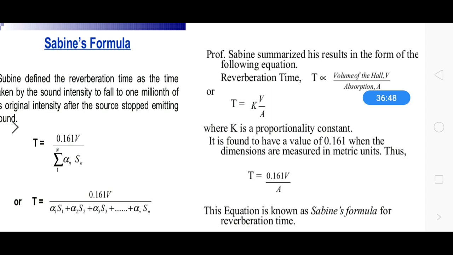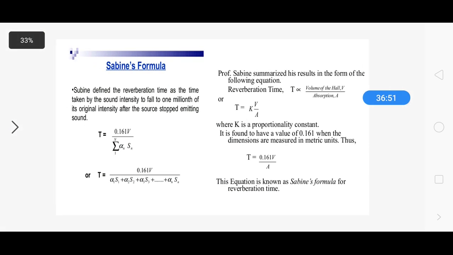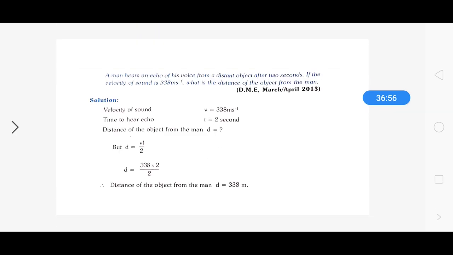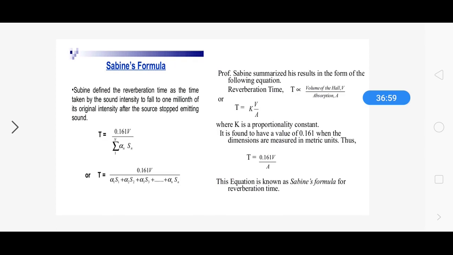So T is equal to K into V by A, where K is the proportionality constant, and this K value is equal to 0.16. So T is equal to 0.16 V by A, which is Sabine's formula.